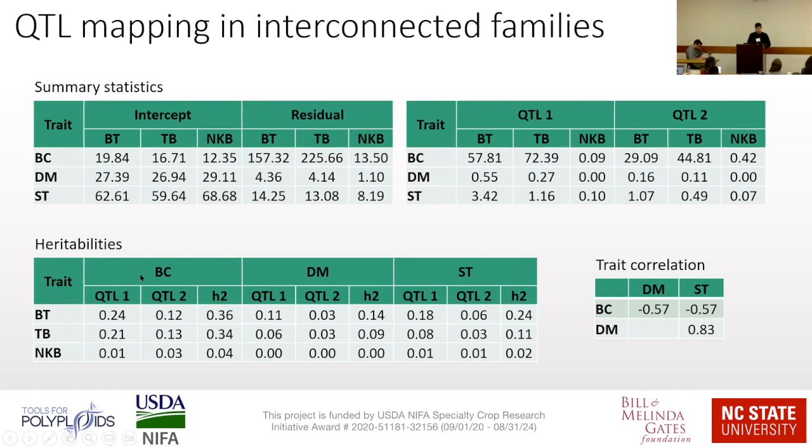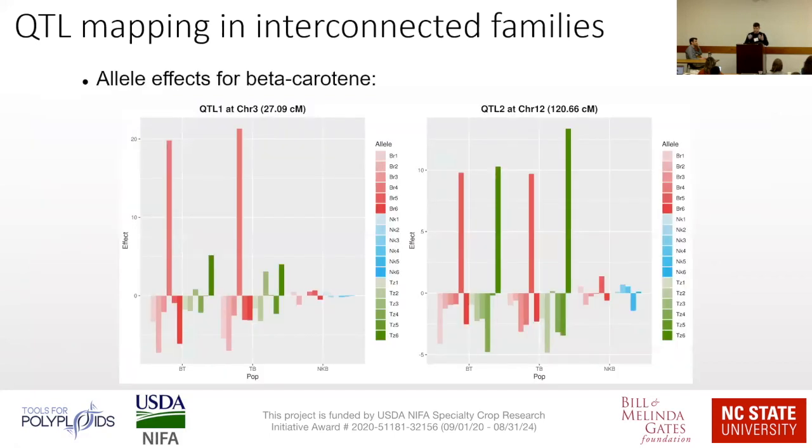So this is the population that has the highest heritability estimates, which range from 0.14 to 0.36 for beta-carotene. And the NKB population was the one that presented the lowest ones. For the dry matter, for example, we have 0 heritability, which makes sense because we didn't detect any QTL in this population by itself.